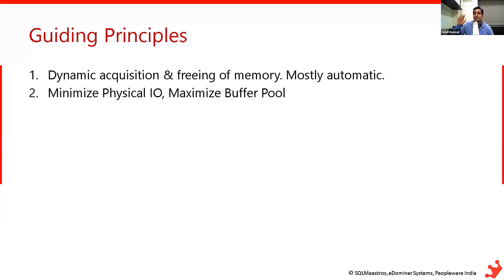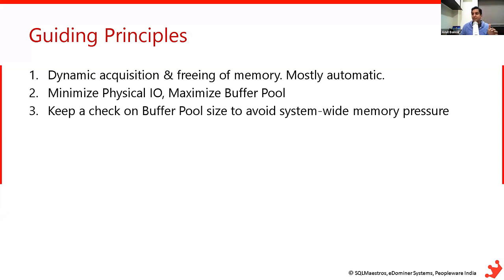That's one of the reasons why, when you allocate more and more memory to SQL Server, it just eats up everything. If you run some of the scripts that I'm going to show you, you will see that in most cases, buffer pool is one of the largest consumers of memory. So the objective of the SQL Server memory controller here is to minimize physical I/O.